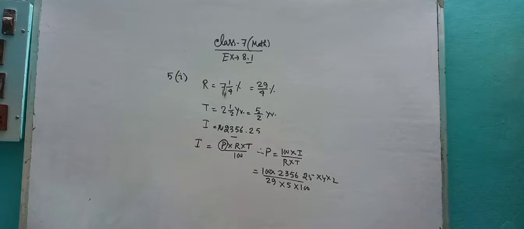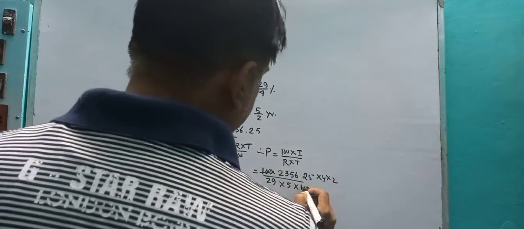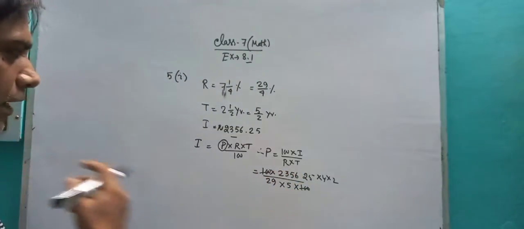Okay, so now do the calculation. The 100 is cancelled. Now do the cancellation for that.